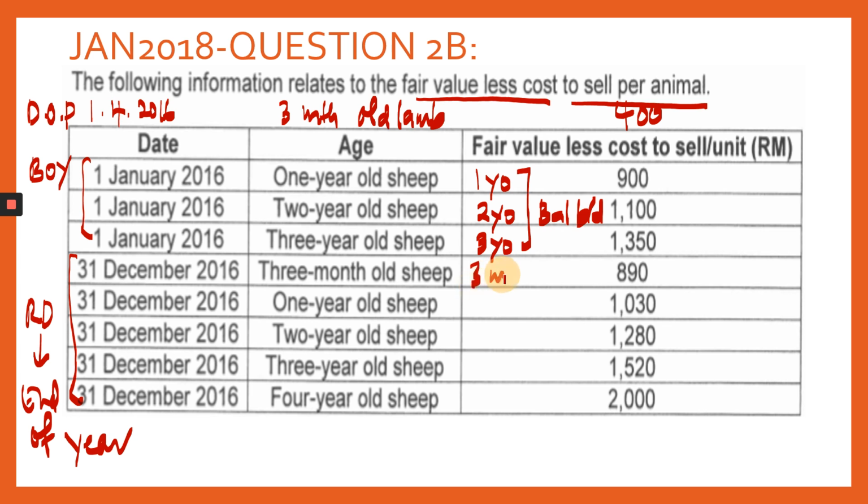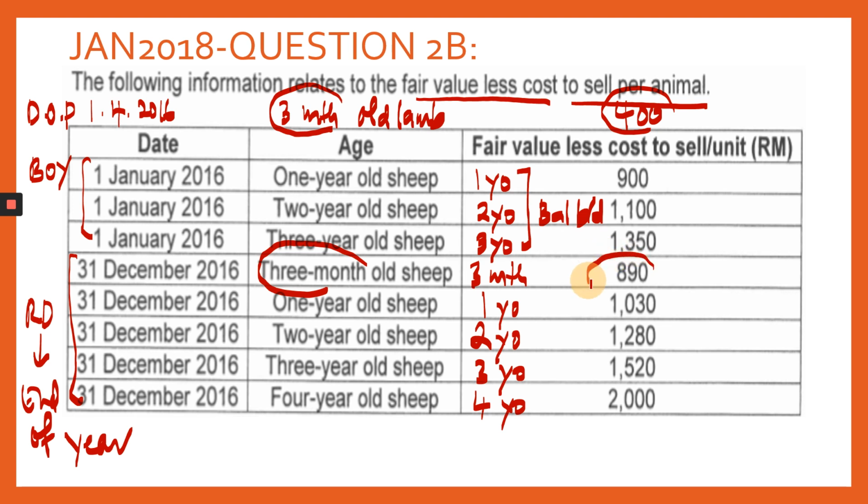This one is 3 months, this one is 1-year-old, 2-year-old, 3-year-old, and 4-year-old. So these show some different prices. For example, the price of the 3-month-old on 1st of April was 400, but at the end of the year the price has gone up to 890. So there is that change in fair value, and that is due to the price change. So we are going to look at that. Let's look at the requirement.